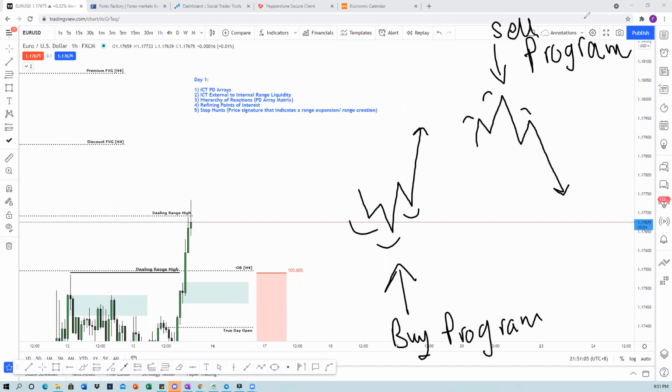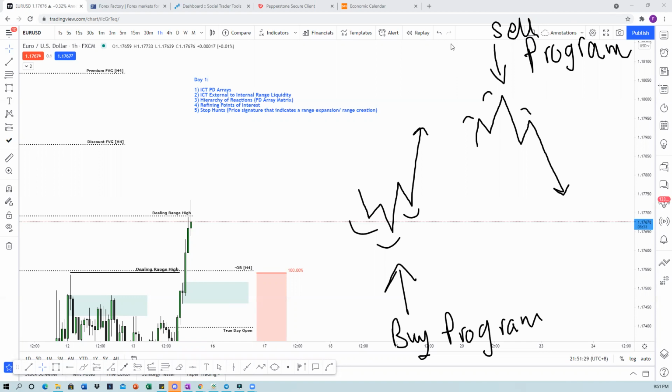Every bullish swing point is a buy program, meaning market maker buy model, and a sell program is a market maker sell model. So if you can understand when these points occur from a fractal standpoint, you will be able to understand when the next range expansion will occur, when you can expect that next range expansion to occur.